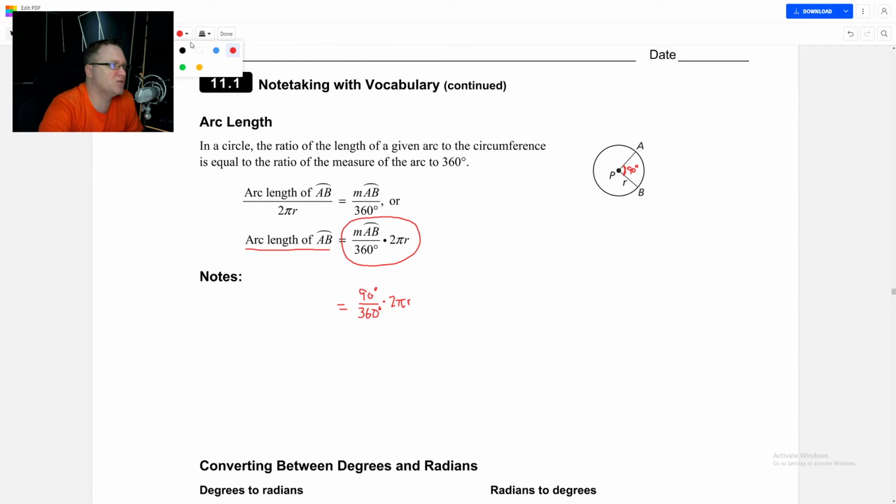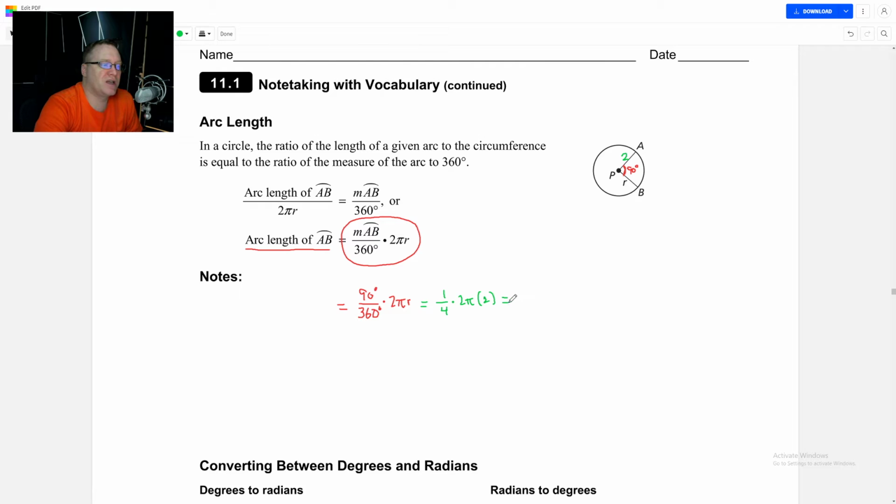If I told you, let's imagine that r is 2. Let's say the radius of this is 2. Well, then if we want to calculate the arc length, it's going to be 90 divided by 360, which is 1 over 4, times 2 pi r, and the radius here is 2, so 2 pi 2.